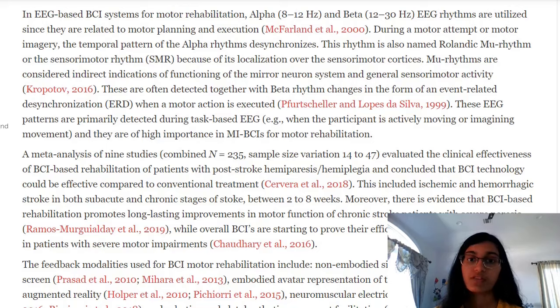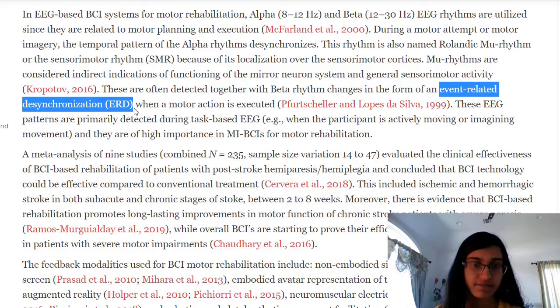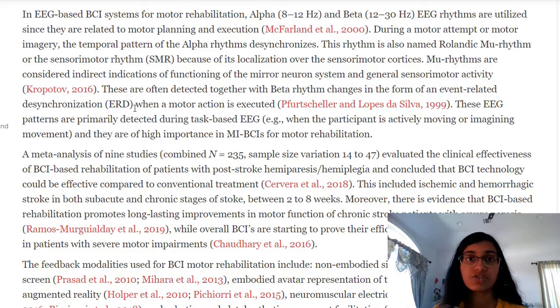And along with the mu rhythms, destabilizations in the beta rhythm will help to form an event-related desynchronization, what they call an ERD. This helps to show when a motor action is executed. So in theory, this destabilization should also happen when the BCI system is used for motor rehabilitation. So that's why it's important in the study.